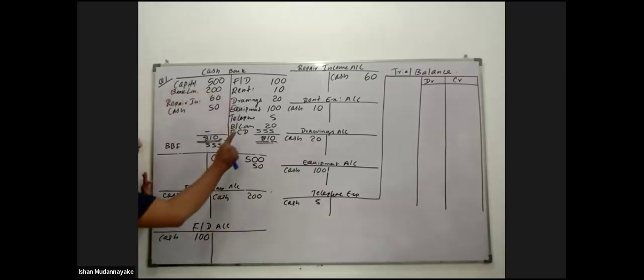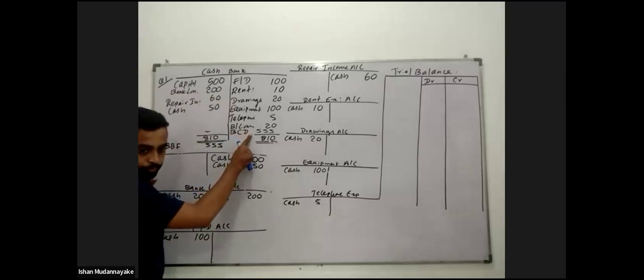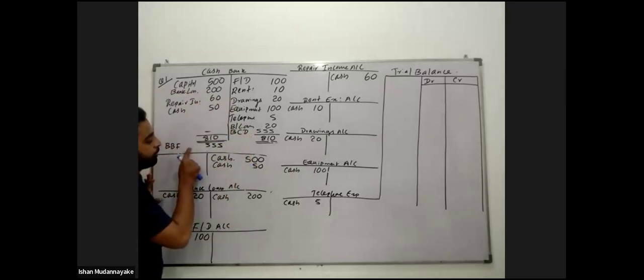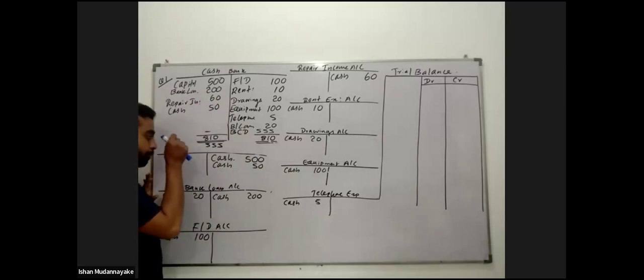Cash book, balance carried down 555. Balance brought forward 555, the remaining cash balance, here on the debit side.